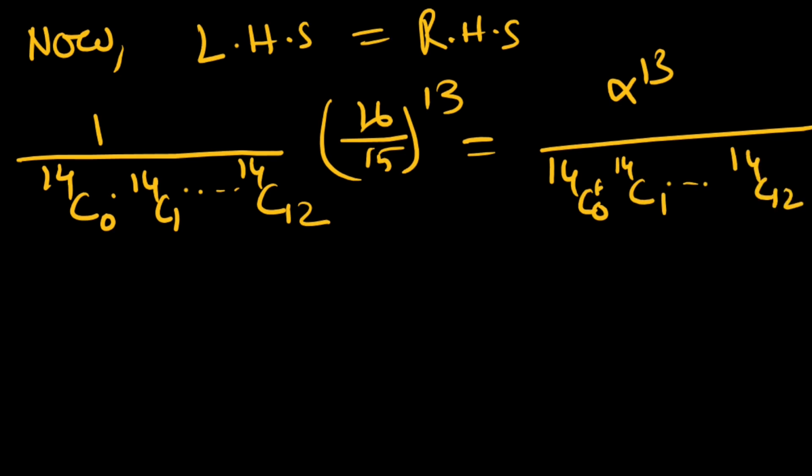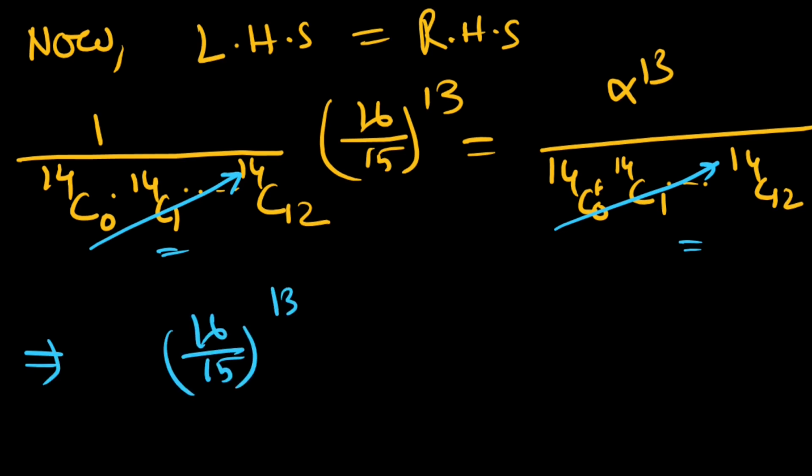Therefore these two terms are the same, and on both sides they cancel. Therefore we got 16 by 15 power 13 is equal to alpha power 13. This implies alpha is equal to 16 over 15.